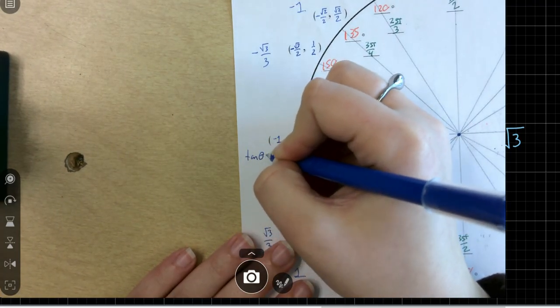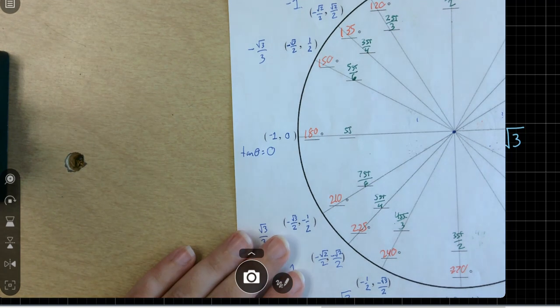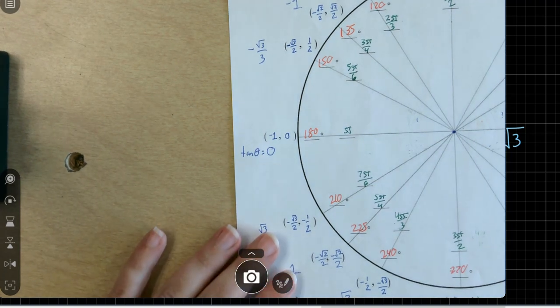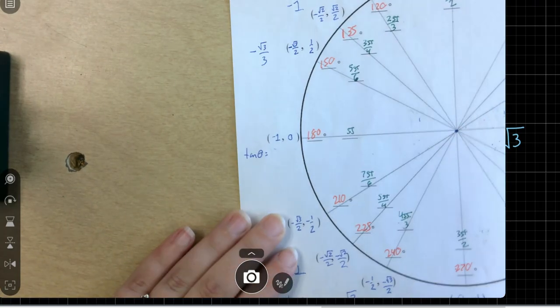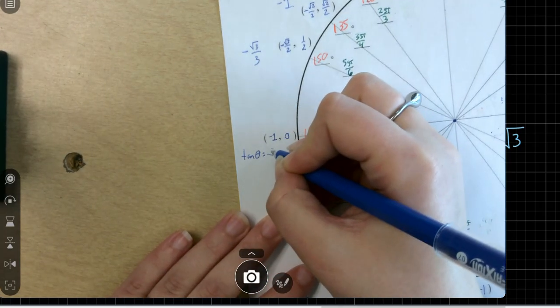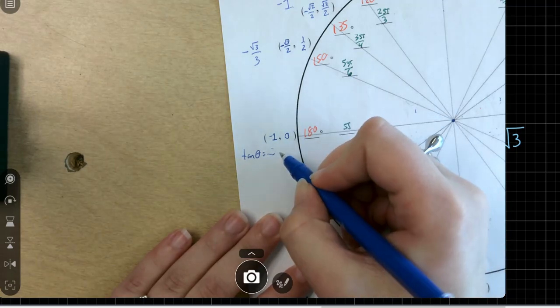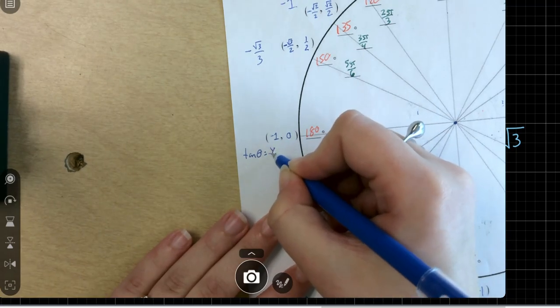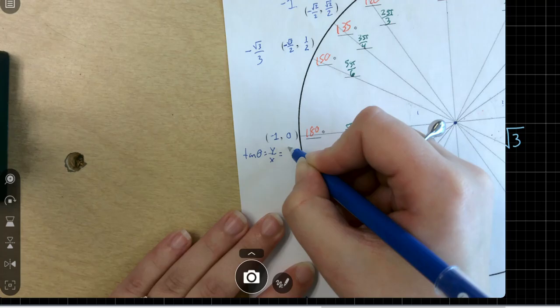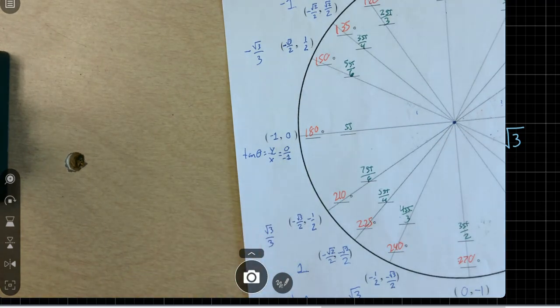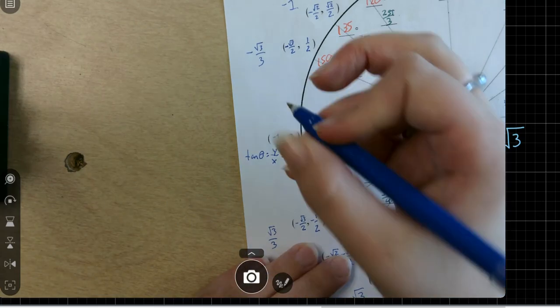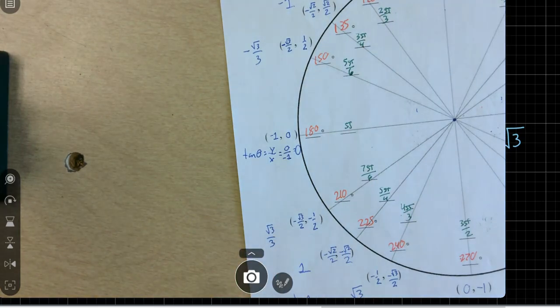Yep, tangent of theta equals 0. Anyone want me to walk you through why it's 0? Tangent of theta is always what ratio? What's on top and what's on bottom? Always y over x. Yep. And what is 0 divided by -1? 0. Yep. So it's 0.